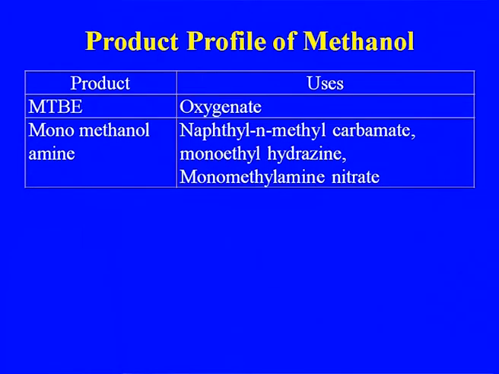MTBE and the MEA. MTBE, already we discussed the importance of the MTBE and the oxygenates, how we are making it, while discussing the recovery of the C4, C5 from the petroleum and the petrochemical complex. So, monoethanolamine is another very important product, that is also a very good solvent. Apart from that, it is also an absorbent that we are using, and there are some other products that we are getting from the MEA.